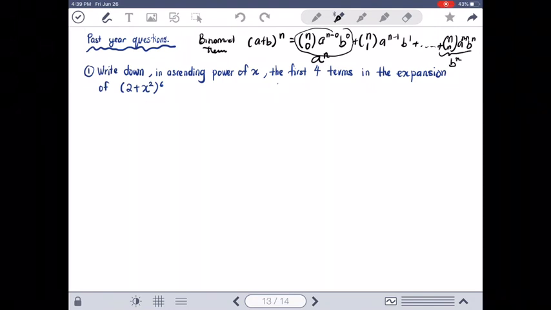So basically, now we want to expand (2 plus x squared) to the power of 6.